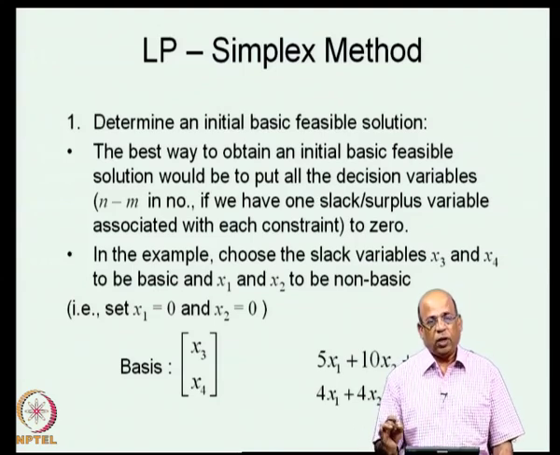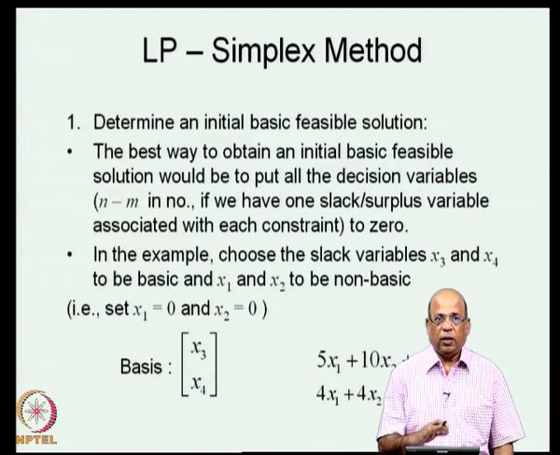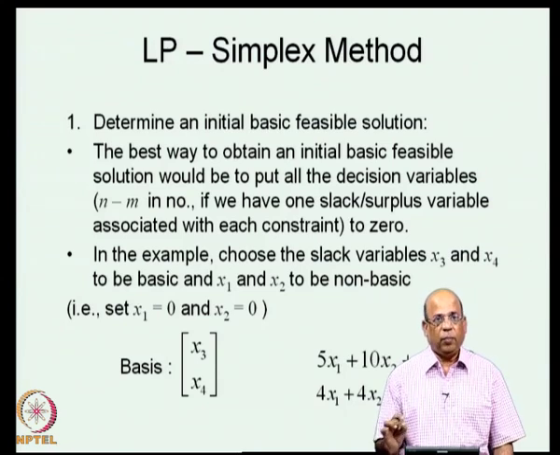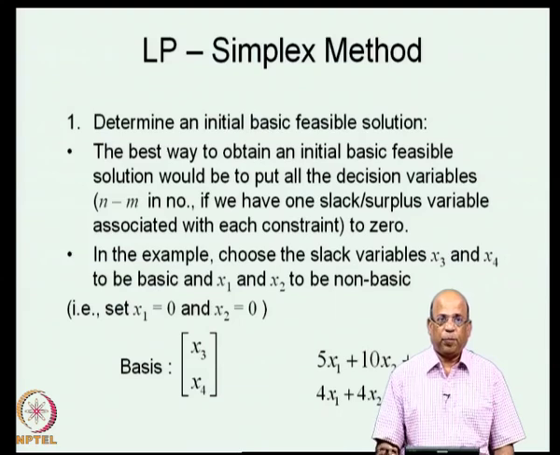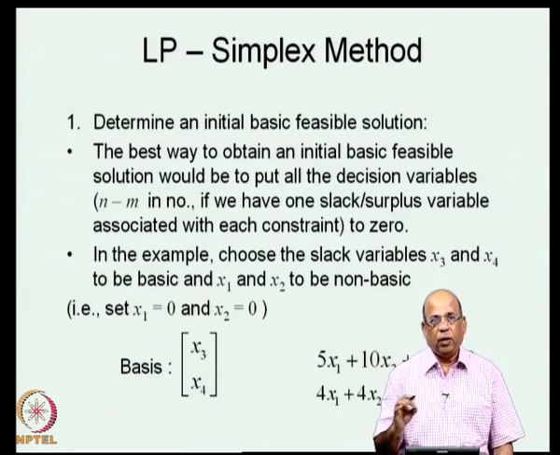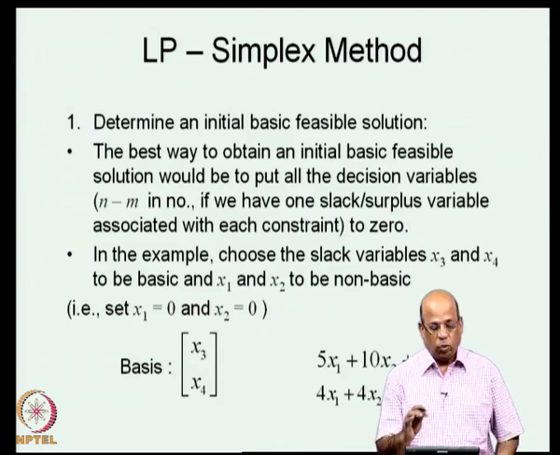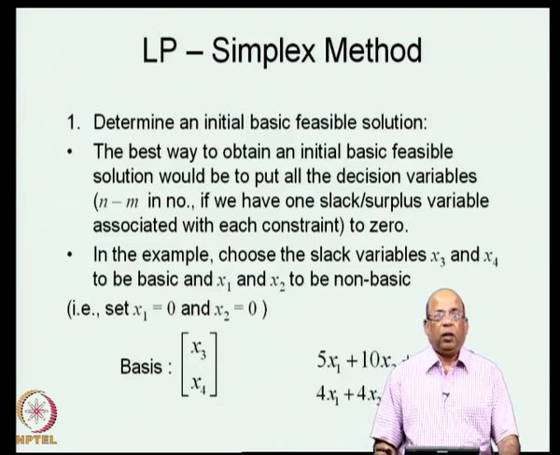The solution has to be basic, which means that in this particular case you will set two variables to 0 and obtain the solution for the remaining two, that is a basic solution. And such a solution must also be feasible in the sense that it should be one of the corner points. So, for a basic feasible solution, you choose one of the corner points.